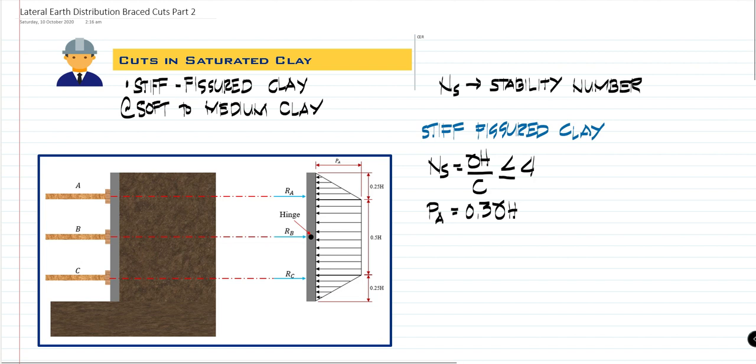Kasi alam natin sa soil mechanics, etong part na to is yan yung vertical stress natin. So, yung P sub A for a stiff fissured clay is just 30% of the vertical stress. So, yun ngayon yung pressure or yung height ng pressure diagram natin. So, that will be for the part of the stiff fissured clay.